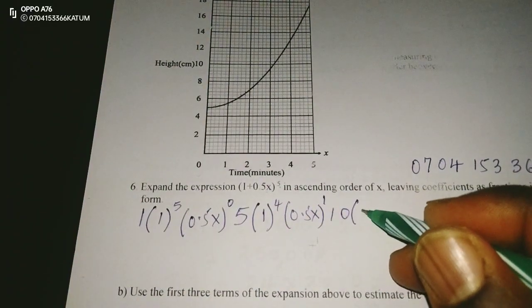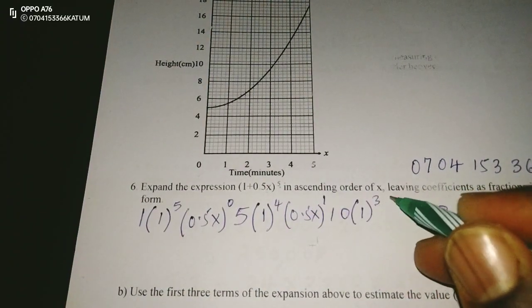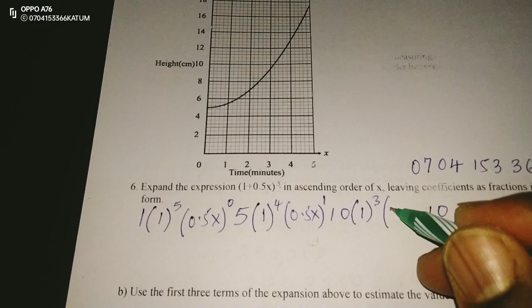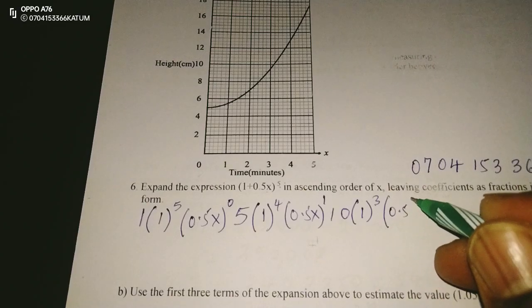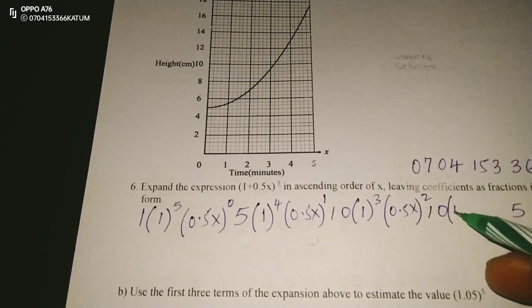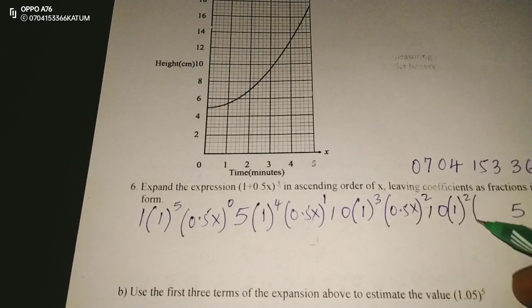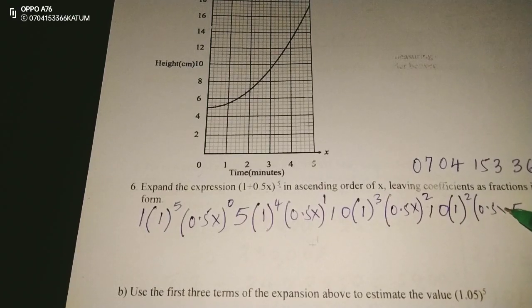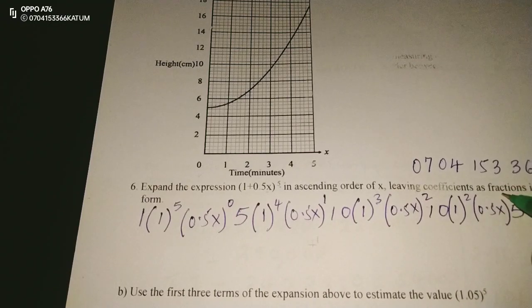The next is 1 to power 3, but 0.5x to power 2. The next is going to be 1 to power 2, but 0.5x goes to power 3.